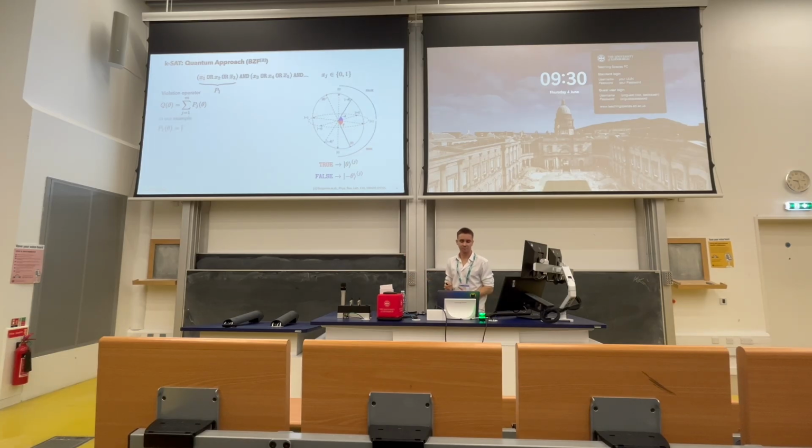I think it's good to show an example of how you construct one. So if you want to construct a projector in a subspace orthogonal to the solution of the first clause, you take on the variable 1 orthogonal to true, then orthogonal to true on the second one, and orthogonal to false on the third one. In this way you can construct these projectors, and I'm already ready to introduce the dynamics.